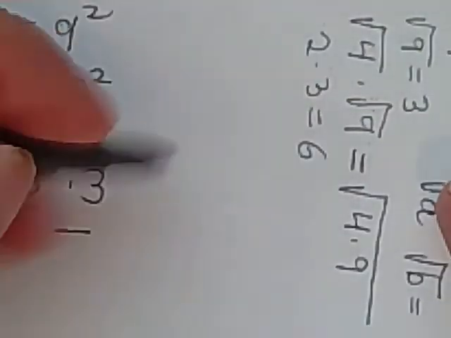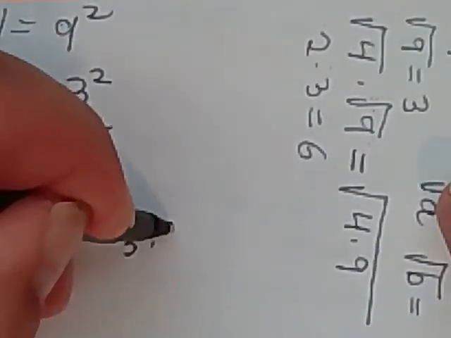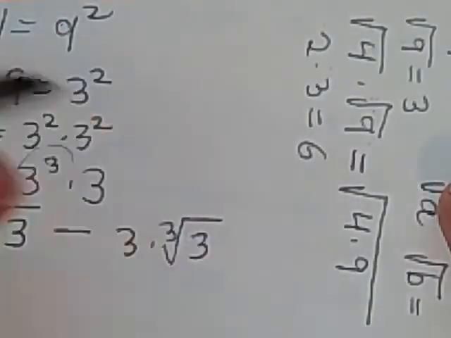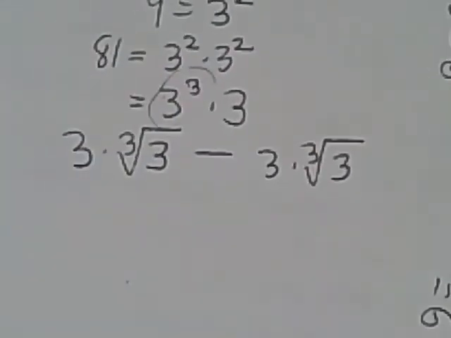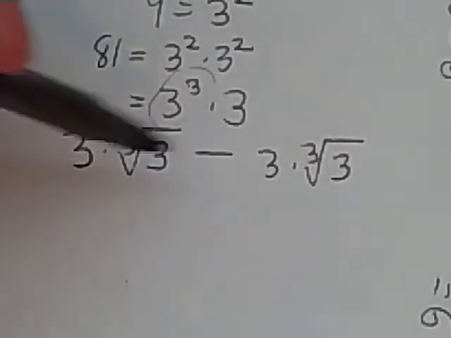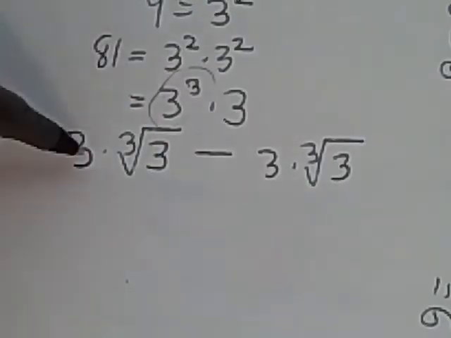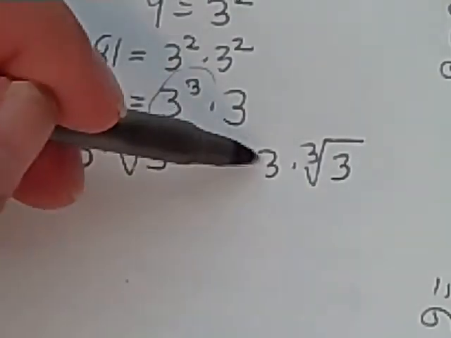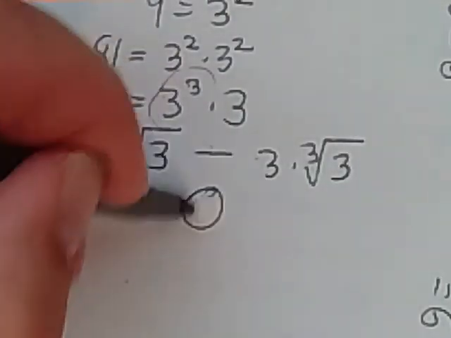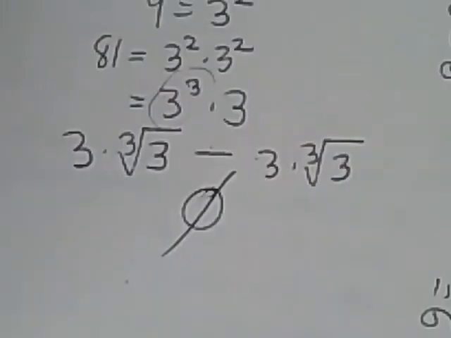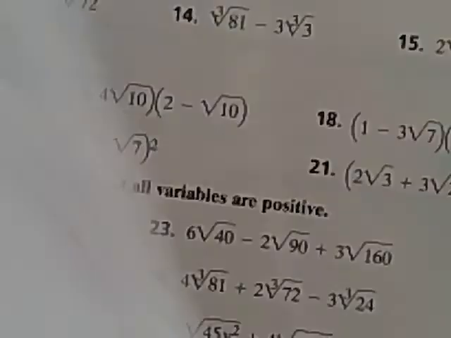So now minus 3 times the cube root of 3. This is an apple. That is an apple. I have 3 apples minus 3 apples. The answer is 0. Oh boy.